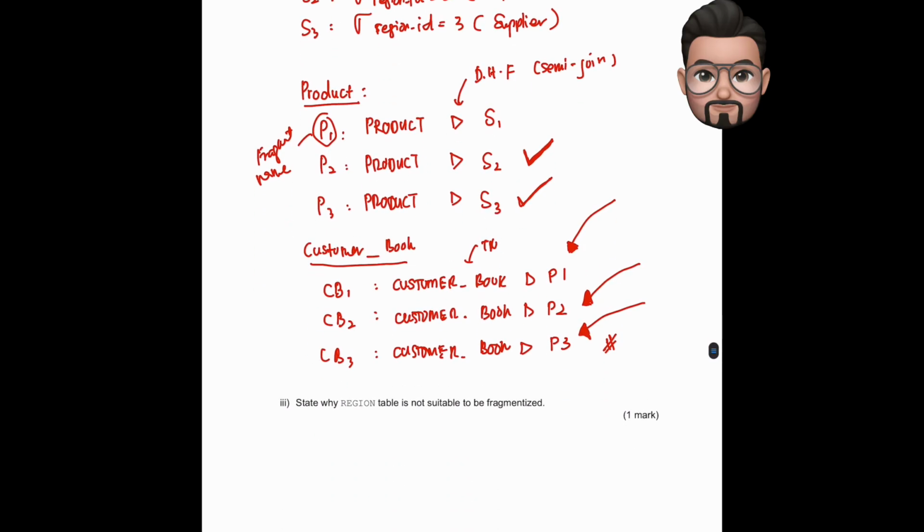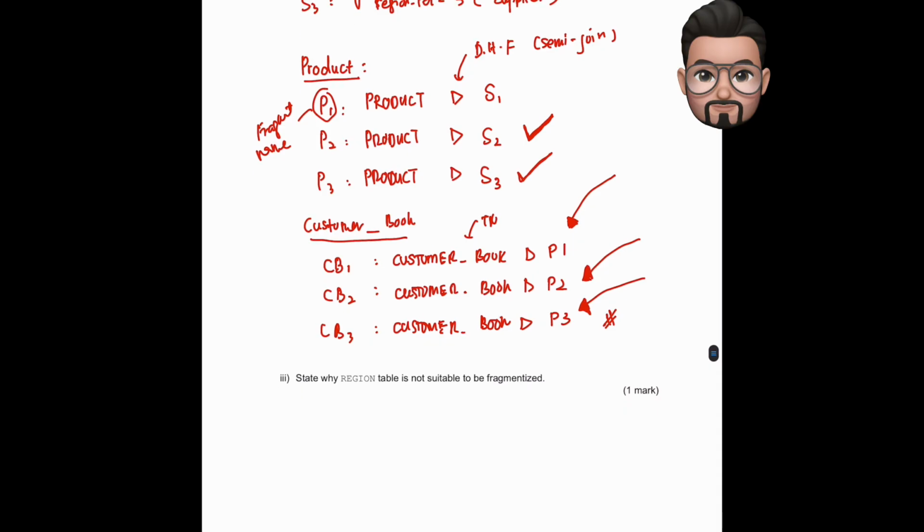And the last question for question number 2 is to state why the region table is not suitable to be fragmentized. Normally, one of the reasons a table is not suitable to be fragmentized is because the table is small and not frequently updated.